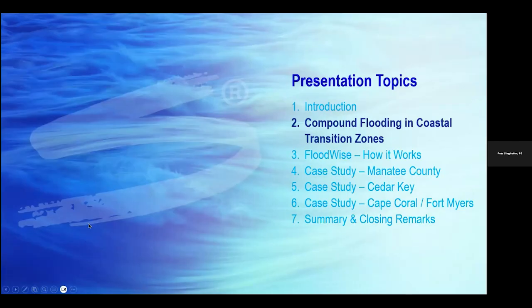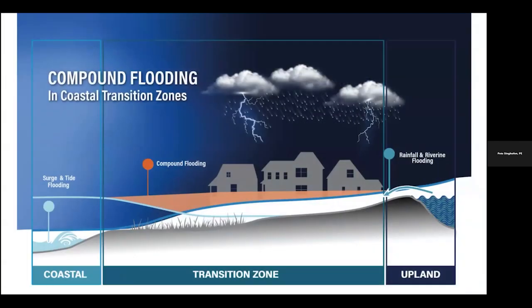So compound flooding in coastal transition zones, what are we talking about there? A lot of you probably have heard about compound flooding, mostly in coastal areas. We could have other types of compound flooding, but what I want to focus on is in the coastal area. If we look at this sketch here on the right side, this is where we have the rainfall and riverine flooding.